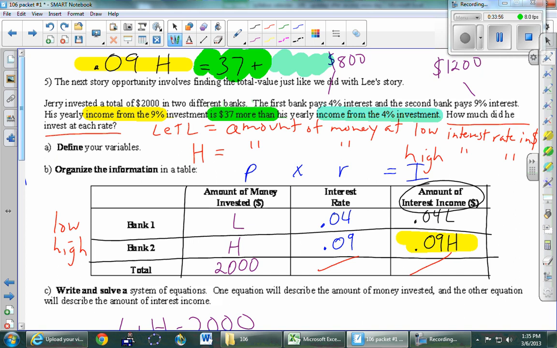That's the amount of income from the 9%. Where will I find the income from the 4%? It's right above. That right there is the income from the 4%. 0.04 L.